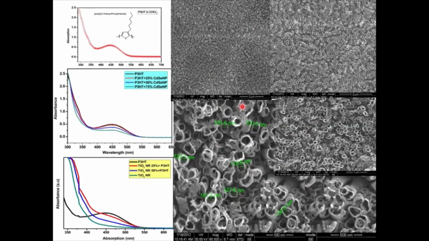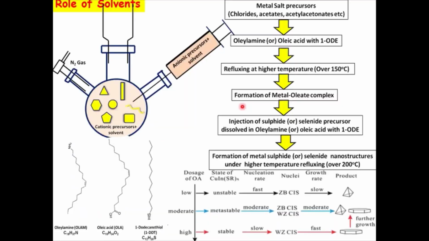In a similar way, we have prepared copper indium sulfide and copper indium selenide using the hot injection process. During the process, we have used oleylamine, oleic acid and dodecanethiol as solvents. Similar three-neck flask, one neck for nitrogen gas. As I said earlier, we have used cationic precursors.